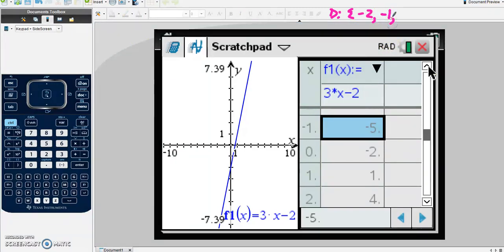My next range was a positive 1, and again, if I go down, I can see right here is 1, so my domain would also be a positive 1. And my last range value they have listed as 4, so here's 4, so my domain value would be a positive 2. So I didn't have to do much, just type in the equation, hit graph, and then Control T to see the table.